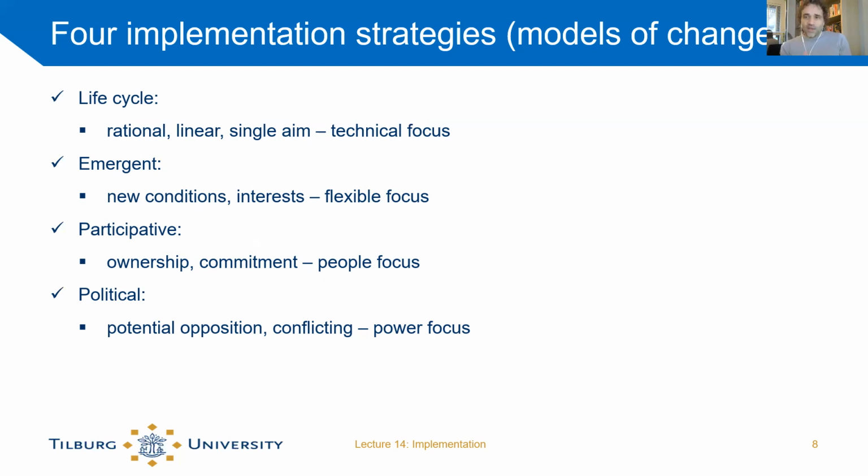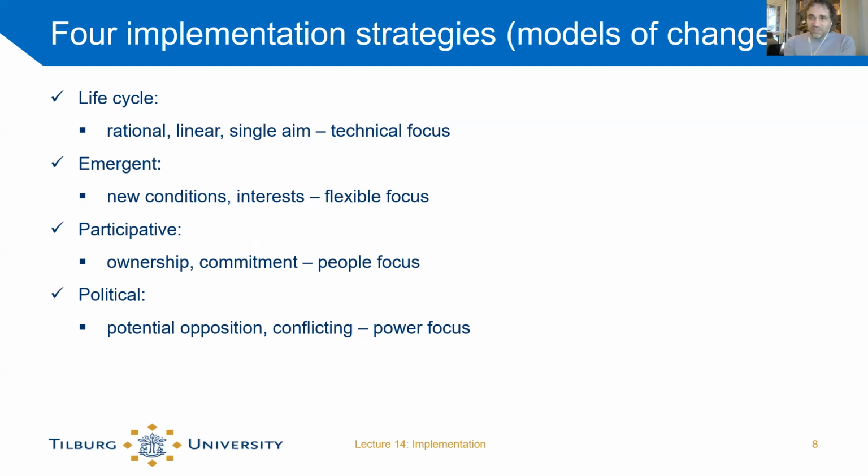That is more an implementation strategy where you involve people in the implementation. So it kind of looks like the life cycle, but life cycle is just convincing people by rational arguments, and emergent is more involving people in the implementation itself, so that they feel partly responsible, and so that they develop the strategy themselves. I have a more elaborate explanation on the next slides.